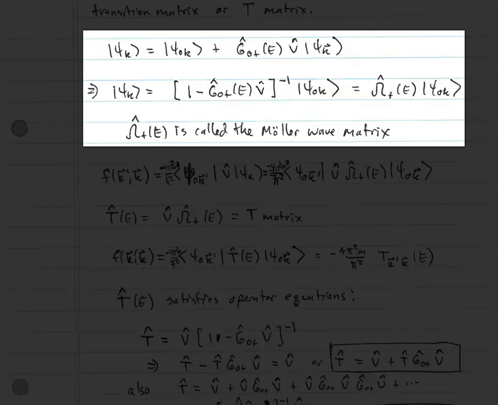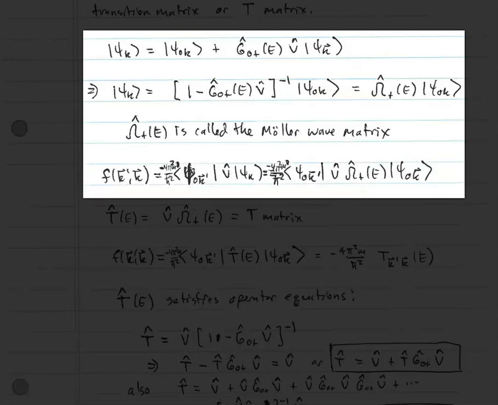And then in terms of that Møller wave matrix, f of k prime k, because we have a simple expression for that in terms of the initial and the full scattering states, as minus 4 pi squared m over h bar squared psi 0 k prime V hat psi k, we can substitute in for that psi k in terms of the Omega plus psi 0 k, and we'll get minus 4 pi squared m over h bar squared psi 0 k prime V hat Omega plus of E psi 0 k.